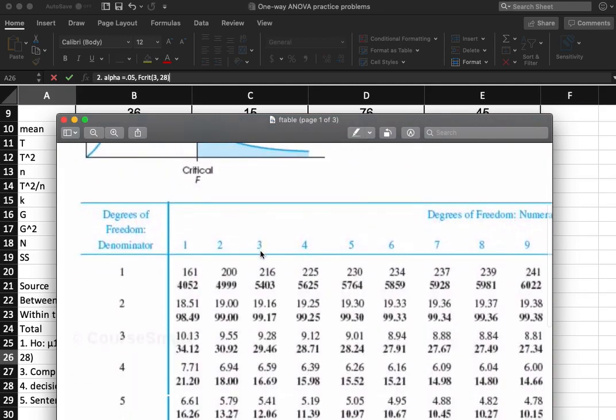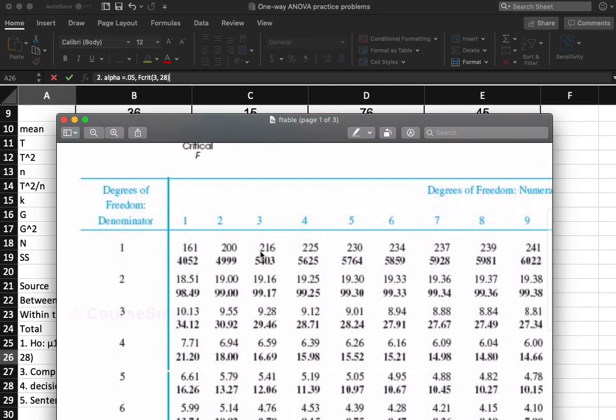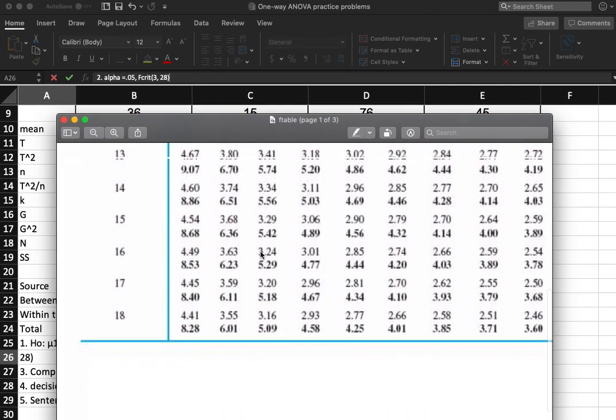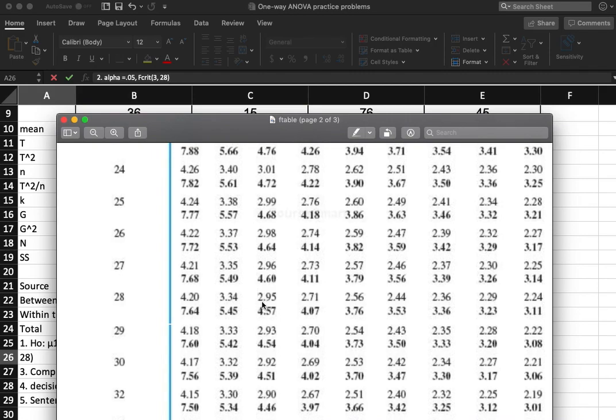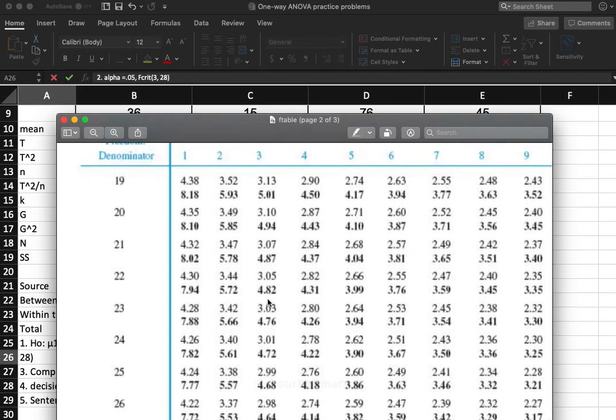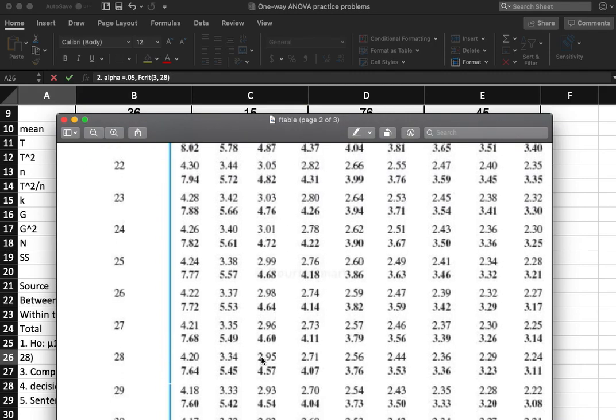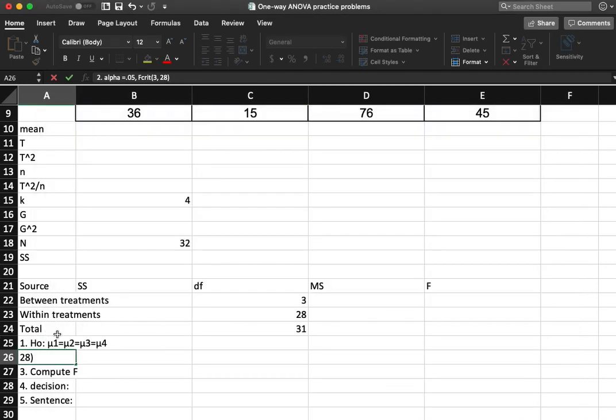We have 3 degrees of freedom in the numerator because there's 4 groups, and we have 28 degrees of freedom in the denominator. So 2.95 is our critical value at 3 and 28 degrees of freedom. F crit equals 2.95.